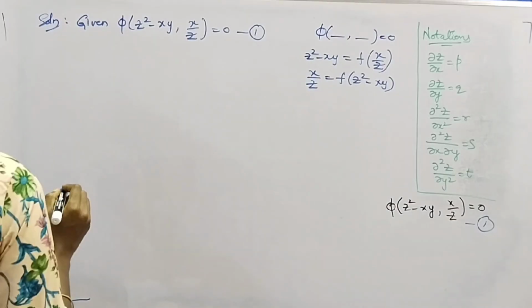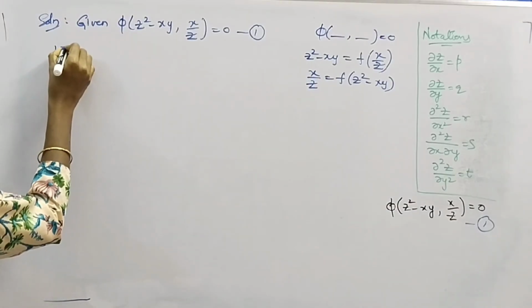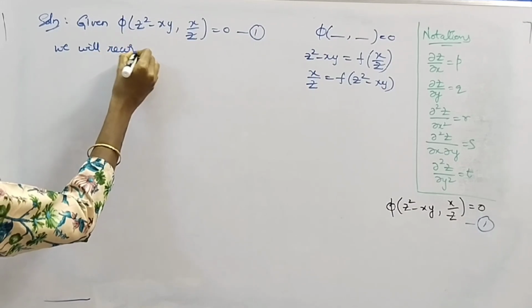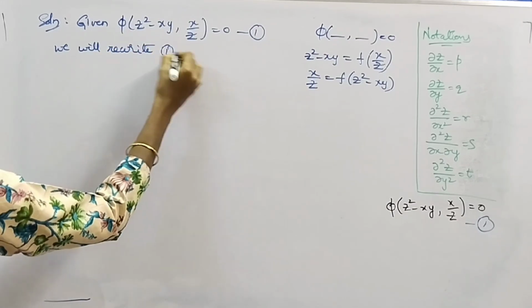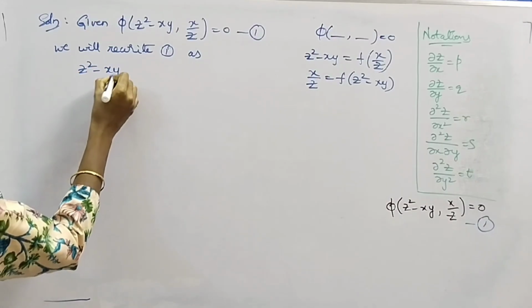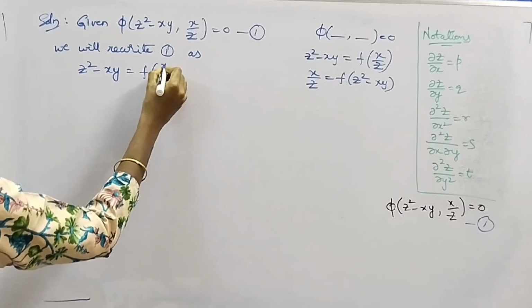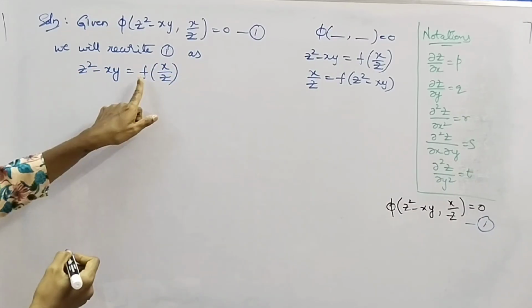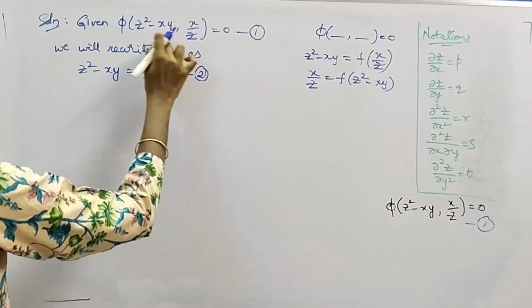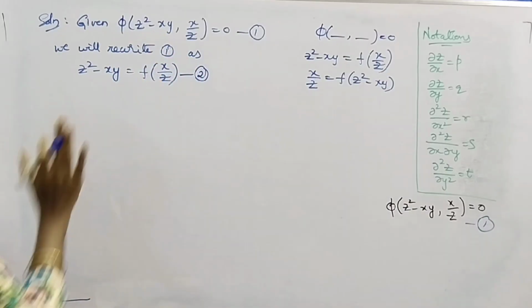So we rewrite 1 as z square minus xy equal to f of x by z, where f is the arbitrary function here. We wrote the given equation in this form.